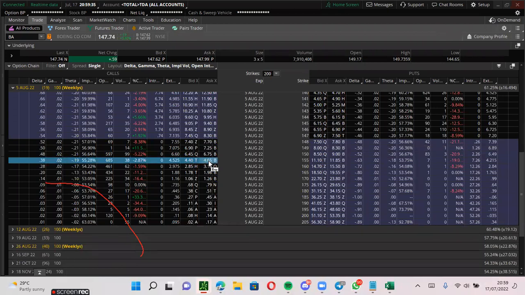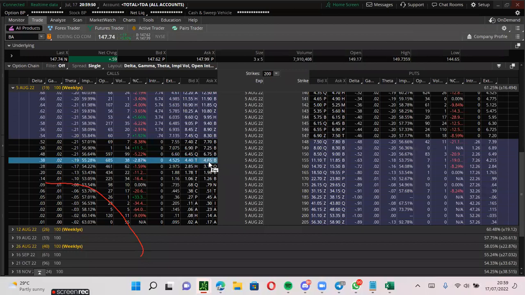That means you collected 465 in premium, you don't need to buy back, and it went worthless. So you're collecting all the $460 for yourself, and you can enjoy that.